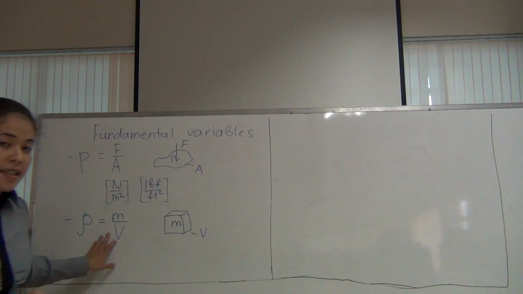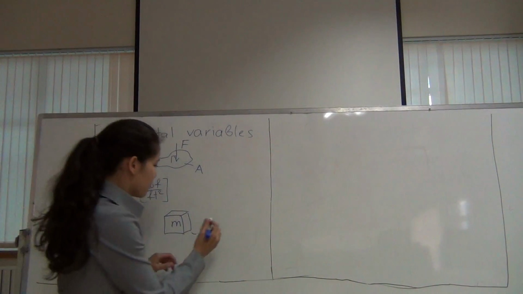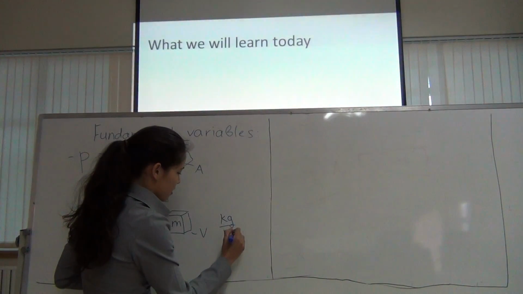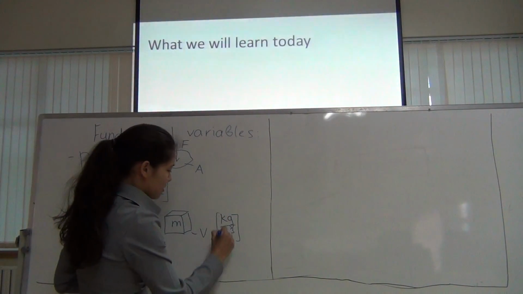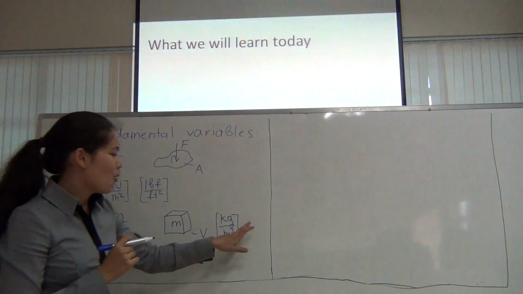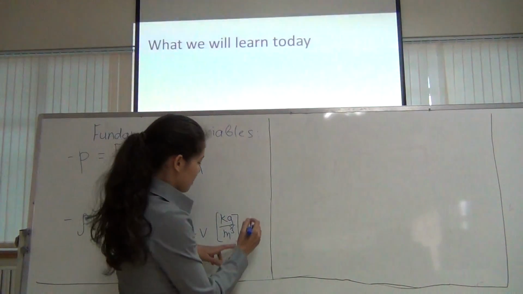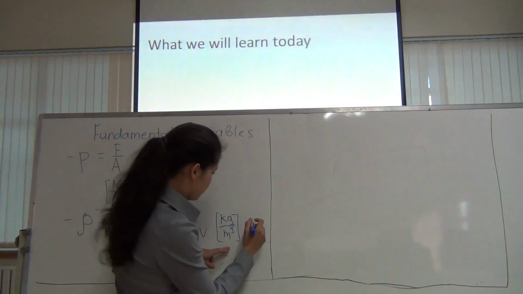Alright, and density is measured in kilograms per meter cubed, or in English units, it will be slugs per feet cubed.